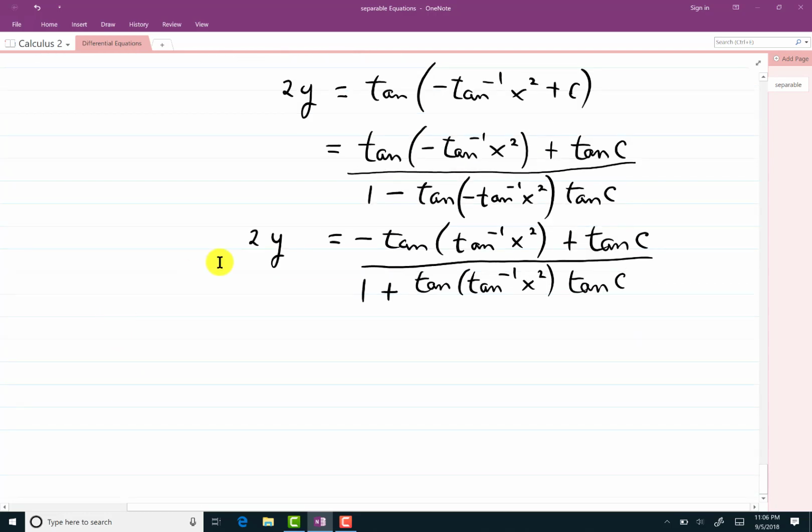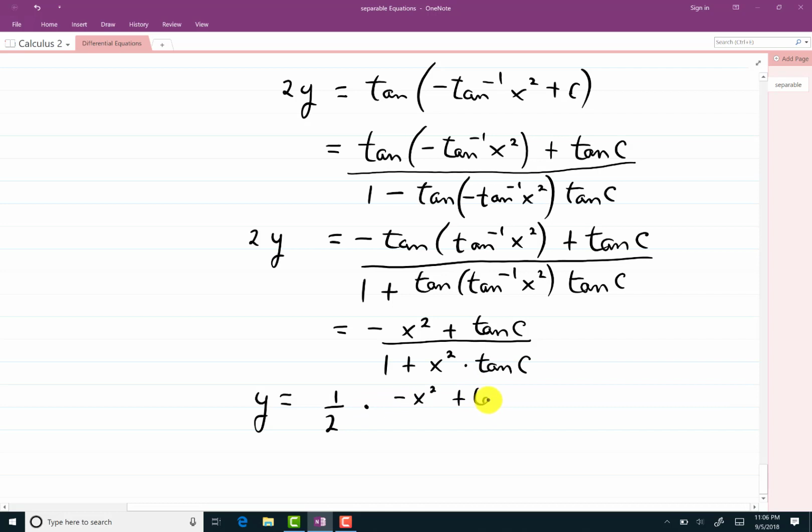Of course, the reason for doing that is that the tan and the arctan cancel each other, and I'm left with negative x squared plus tangent of c divided by 1 plus x squared times tangent of c. And then I can divide by 2. So there would be an explicit solution.